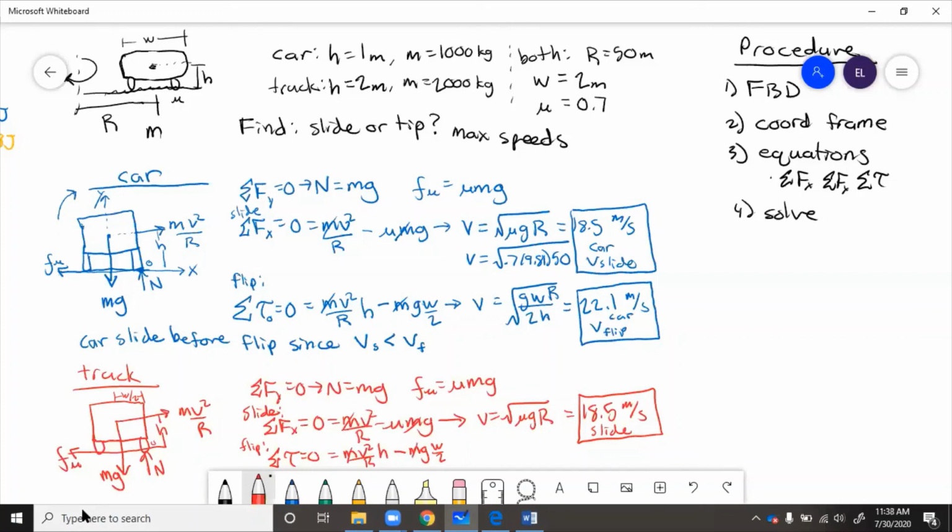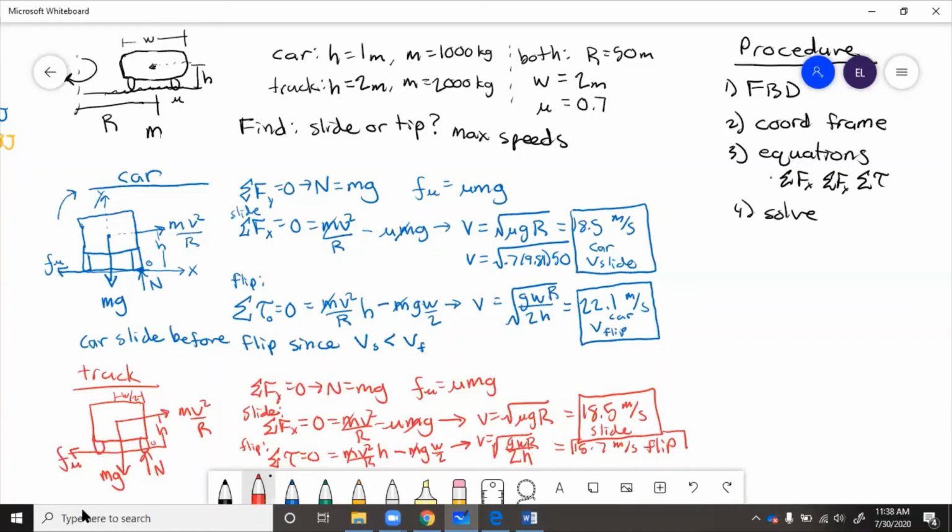So again, mass doesn't matter here, but the height and the width do matter. So we said width was the same for both, but height was different. So V equals square root of gWR over 2H. And that equals 15.7 meters per second flip. So the truck is going to flip first.